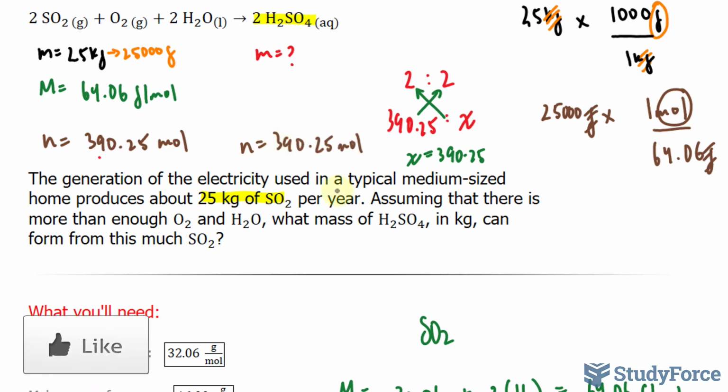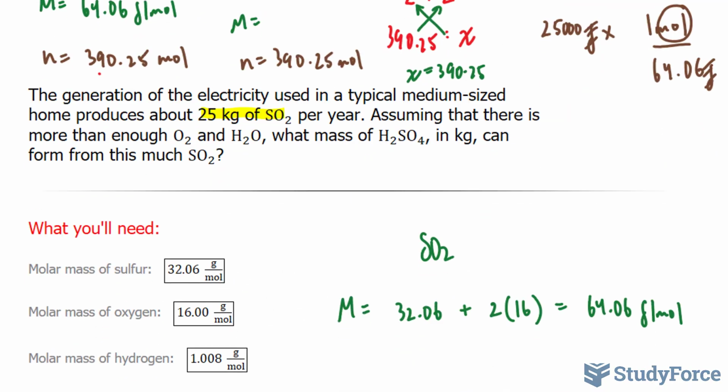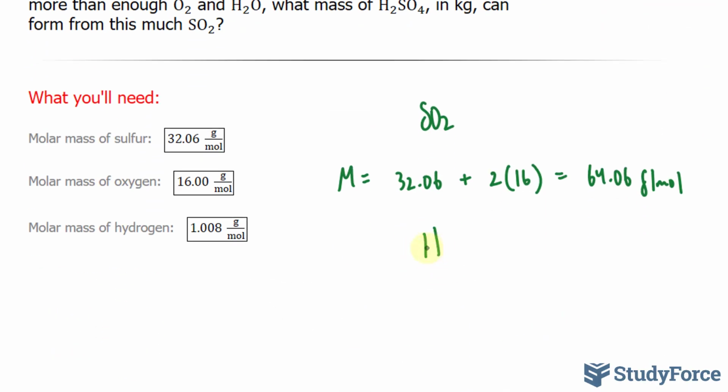The next thing that I want to do is find the molar mass of H2SO4, and I can do that using the numbers that I had provided underneath. We have H2SO4. I'll multiply 1.008 by 2, that's the molar mass of hydrogen, plus 32.06, the molar mass of sulfur, plus 4 times 16.